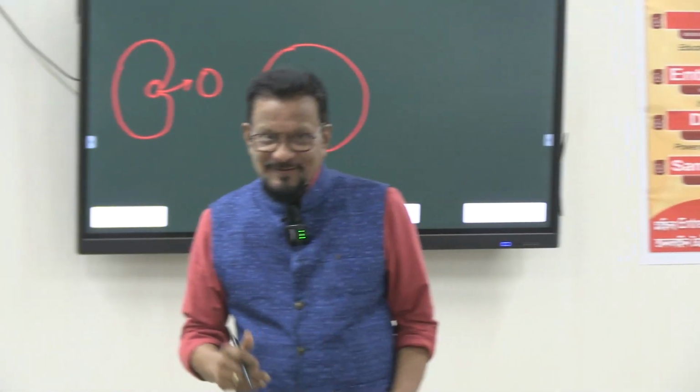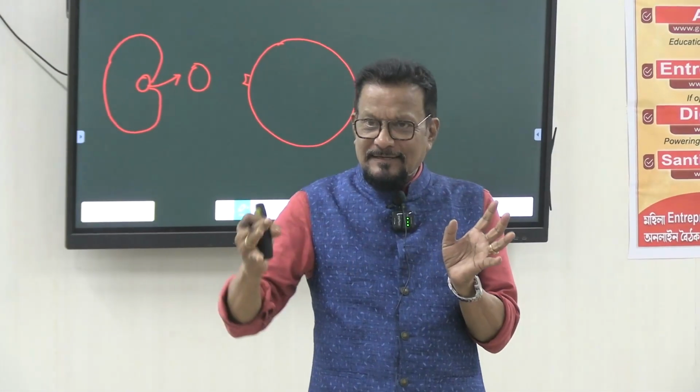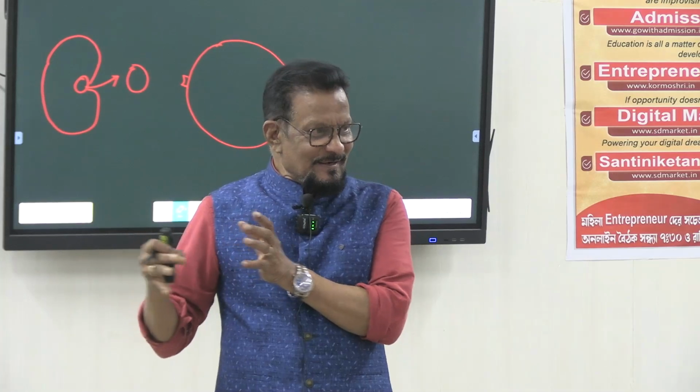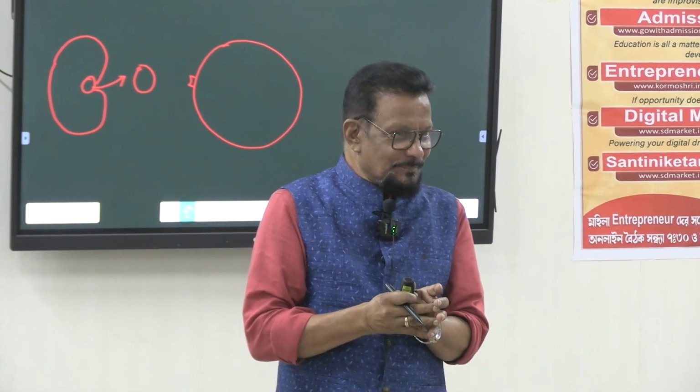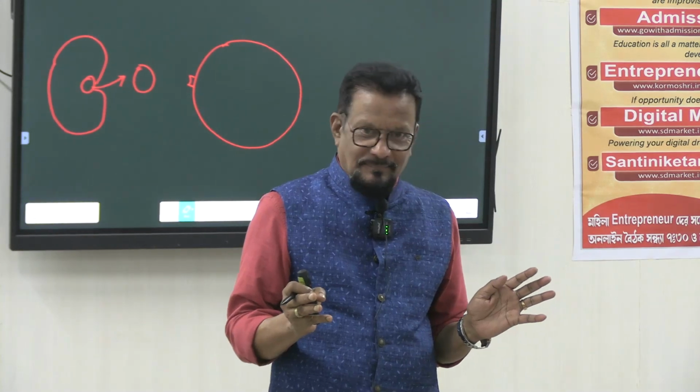Why? Pituitary gland, how many parts are there in pituitary? Anterior pituitary, posterior pituitary, and there is an intermediate lobe, no? All are secreting some hormones.